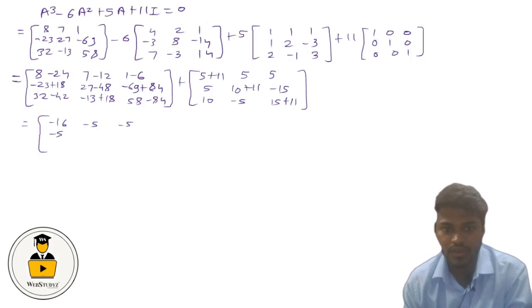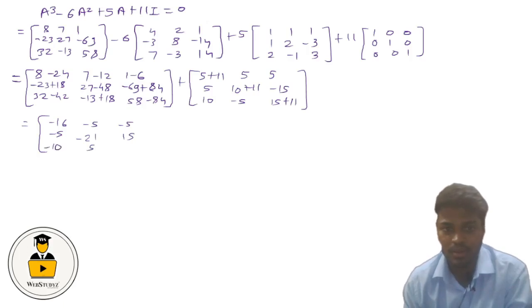This is minus 5. This will be 1 and 21. Minus of 21. This will be plus 15. This is minus 10.